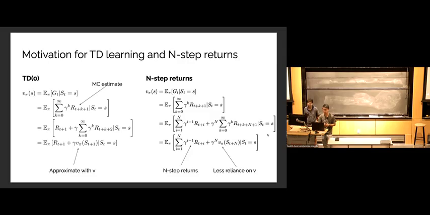Then we further develop TD to have n-step returns. Basically, we use the exact return for n steps, and starting from step n+1, we use the value function to approximate the future returns. We can say that n-step TD learning will have less reliance on the value function.